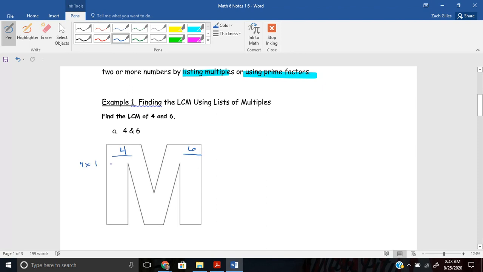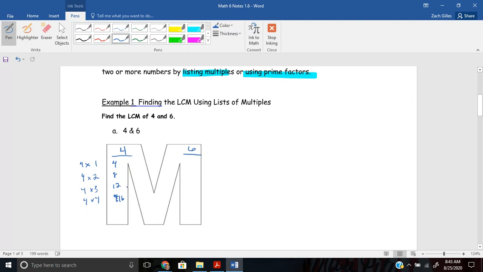I'm multiplying. 4 times 1 would give me 4. 4 times 2. 4 times 3. So on and so forth. So you're probably starting to see the pattern. 4 times 4. Oops, is not 4. It's 16. Talking and writing at the same time is sometimes tricky.